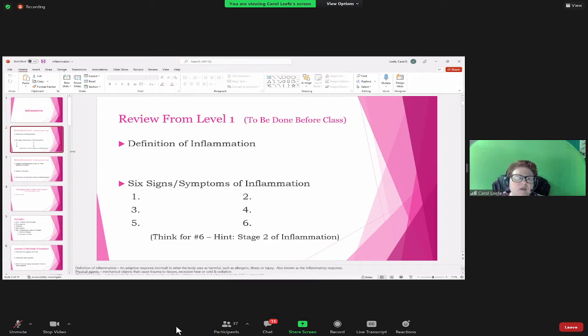Where else might you see induration? TB test. Yes, the Mantoux test, PPD test for tuberculosis. There's going to be induration in the middle and then redness around. Okay? So that's where the induration comes in.